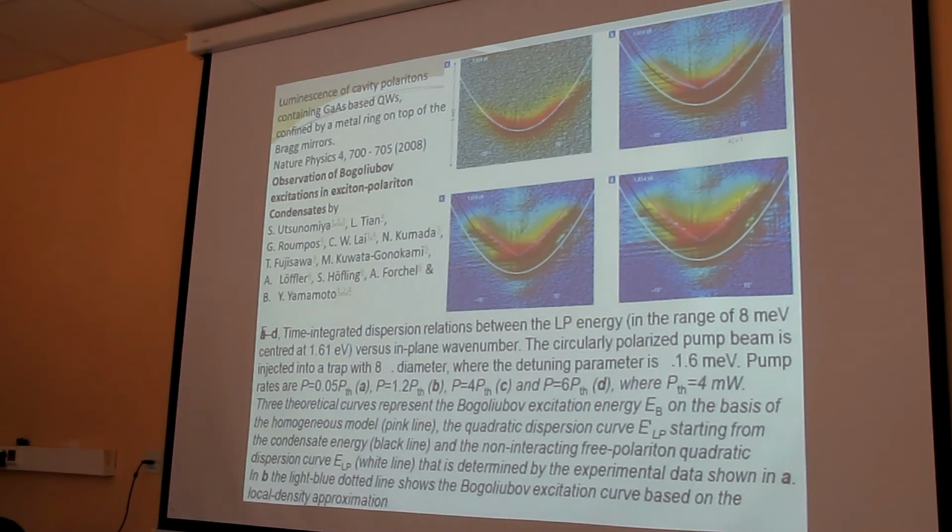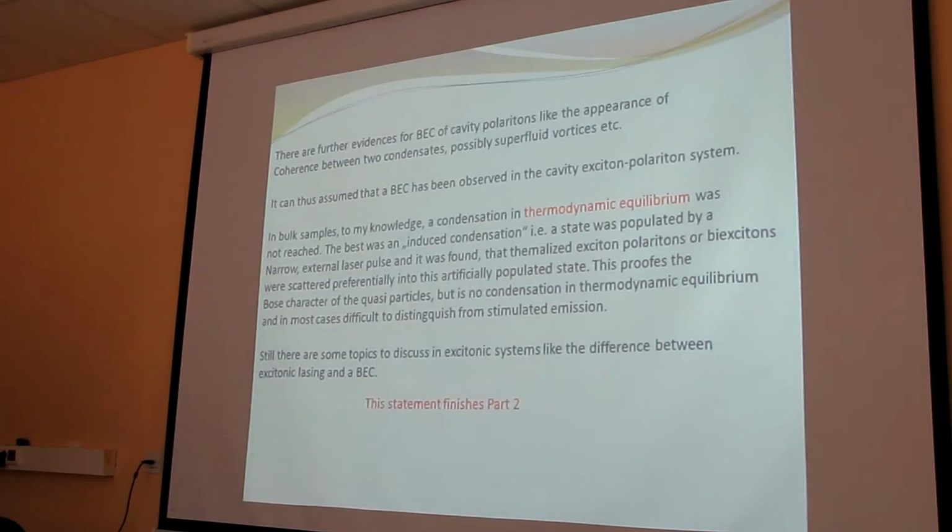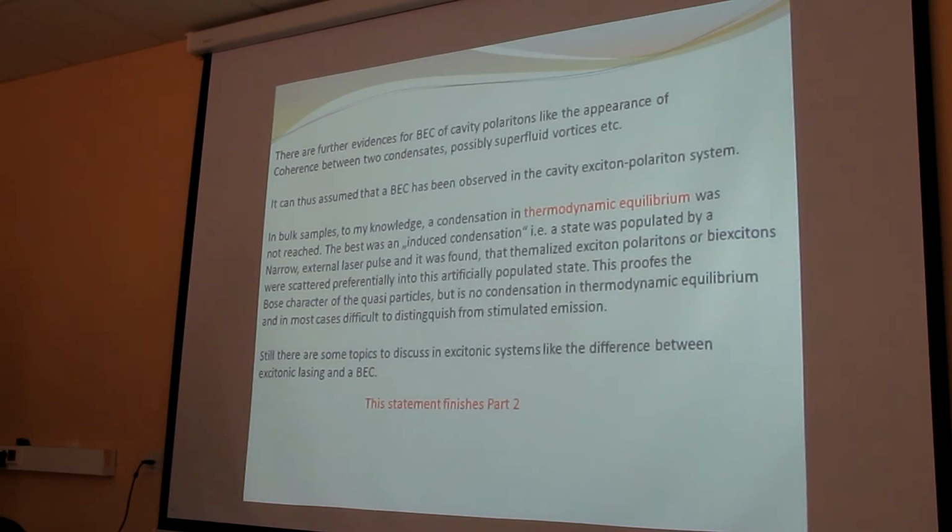And so I think that really a Bose-Einstein condensation has been observed for these cavity polaritons, but this is, with maybe recent results of copper oxide, the only system where I would really speak about a Bose-Einstein condensation.